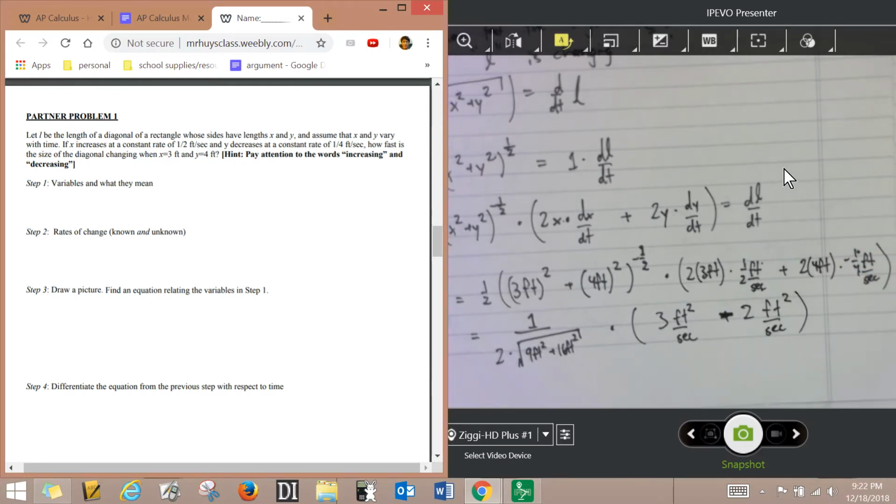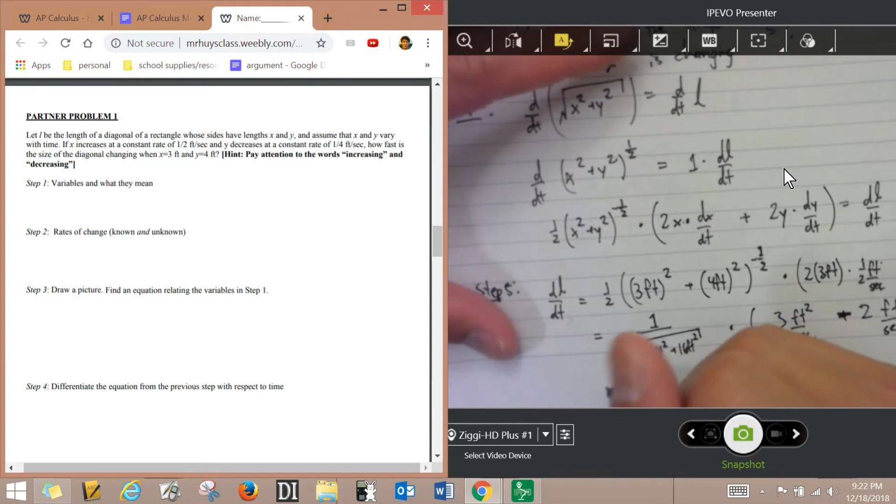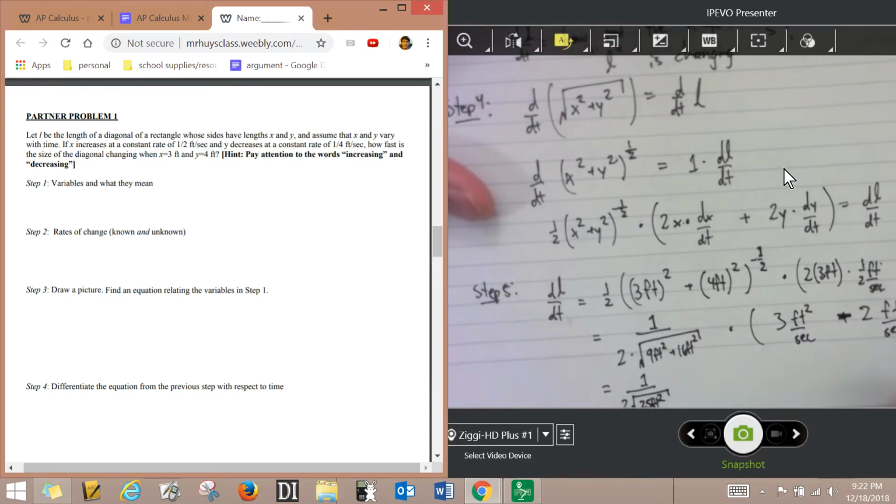So it looks like we're almost approaching a negative number, but let's see how this all works out. This over here is going to be 1 over 2 times the square root of 25 feet squared, times, what's 3 foot squared minus 2 foot squared? That's literally 1 foot squared over seconds.